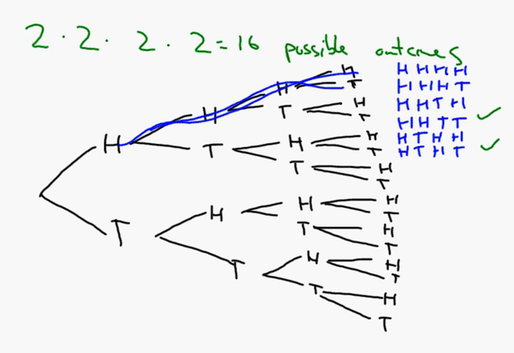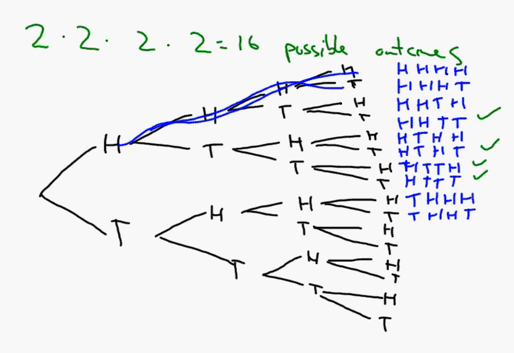Okay? Then you have heads, tails, tails, heads, and then heads, tails, tails, tails. There's 2 more successes. Keep in mind what the word at least means. At least means you got to have 2 or more. Okay? And now you're just about ready here. Here you're going to have tails, heads, heads, heads. And that's not a success. And then you have tails, heads, heads, tails.